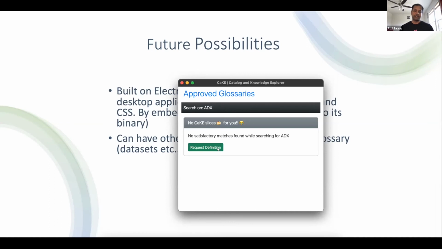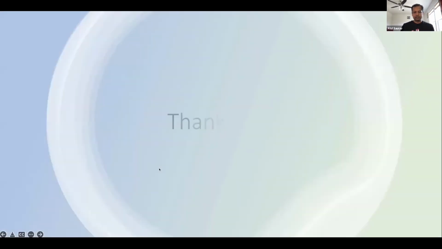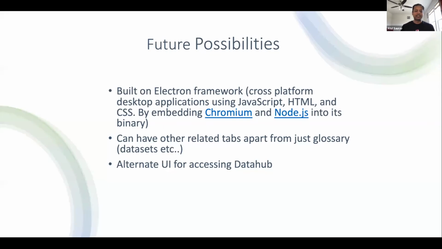And then if they wanted to dig in further, they could go into DataHub and learn more about that particular kind of entity. And the third aspect of this is, oops, sorry, went too fast. This could even become an alternate UI for accessing DataHub. It is actually possible to launch the entire DataHub inside that.